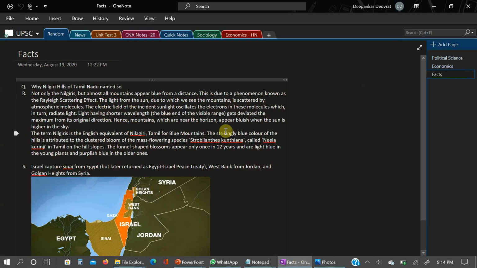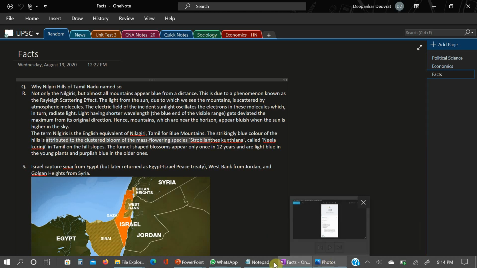The reason behind calling it Nilgiri is a flower. The term Nilgiris is the English equivalent of Nilagiri, Tamil for blue mountain. The striking blue color of the hills is from a clustered, mass flowering species called Strobilanthus kunthiana, that is called Neela Kurinji. Neela Kurinji flowers bloom here once in 12 years and are light blue in color, and they turn purplish blue in older regions.